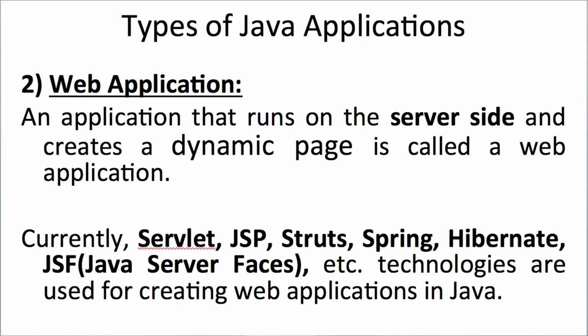Java is very popular and very useful for developing web applications. Currently Servlet, JSP, Struts, Spring, Hibernate, JSF, Java Server Faces, etc. are used for creating web applications in Java.